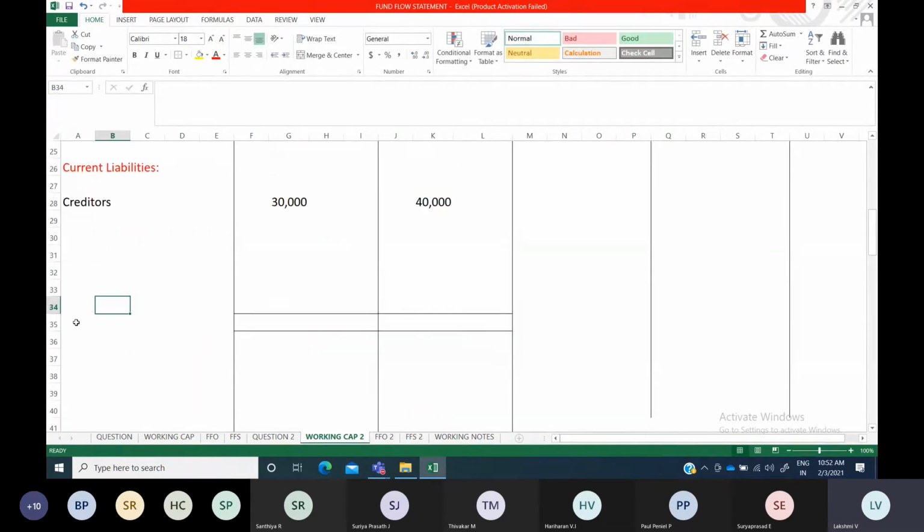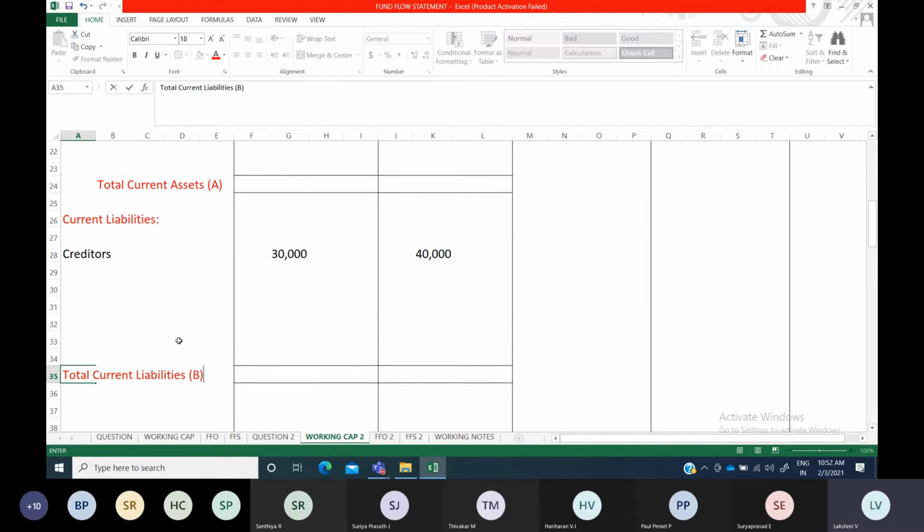So you can mention as total current liabilities. No other calculation is there. Just total your total current liabilities. Find out how much you are getting. This is known as B. A minus B is working capital.